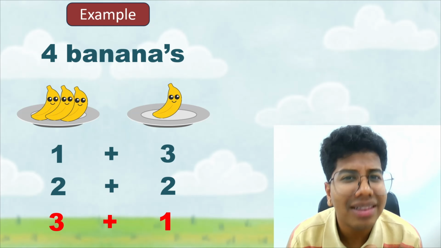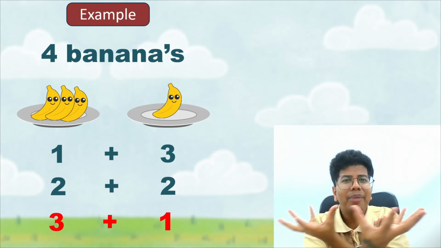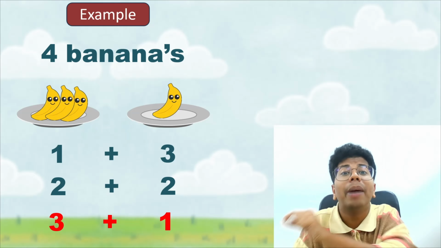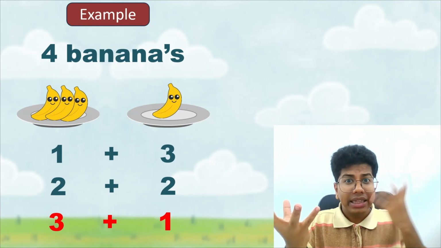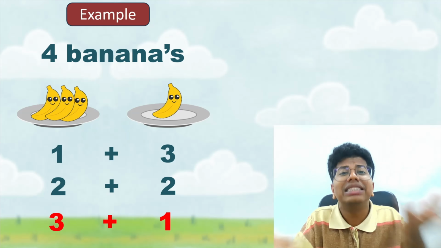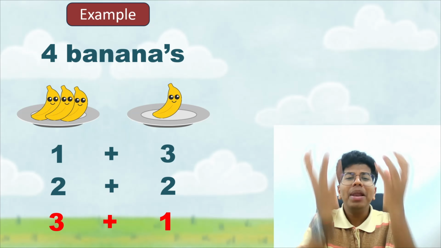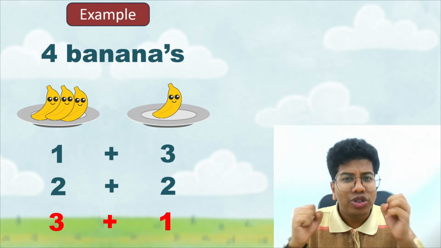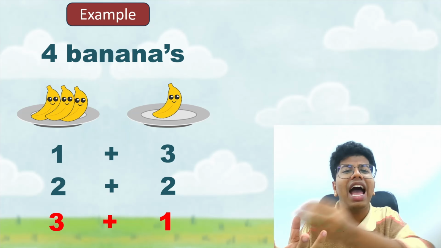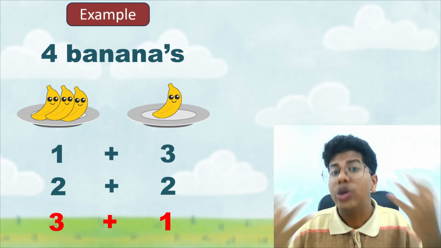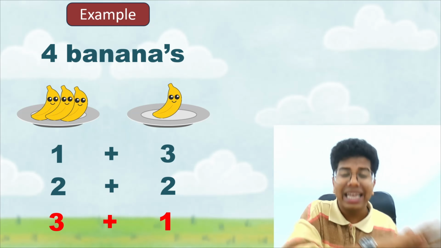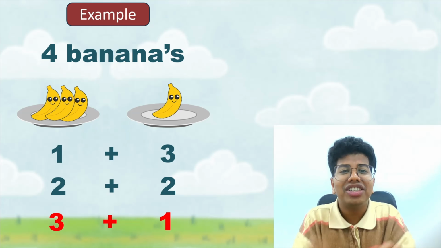Now the plates are the same. It's just like I'm interchanging the plates, not the bananas. So 1 and 3 sounds like 3 and 1, but it is the same way because the plates are the same. It doesn't look like I have changed the bananas to get a new way. It's just the plates that are interchanged.